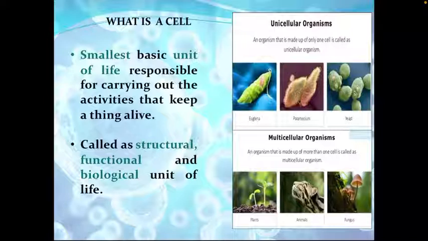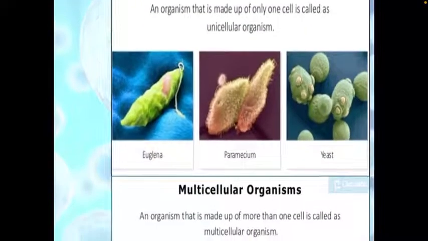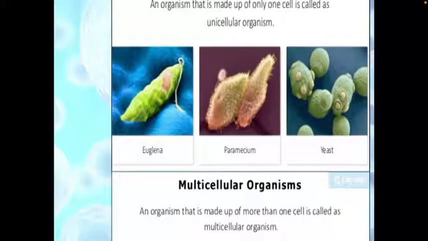Okay. Now the organisms which are found may contain one or many cells. For example, you can see over here in the diagram, some organisms only have one cell in their body structure. So they are called unicellular organisms.